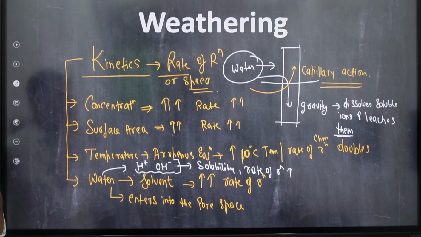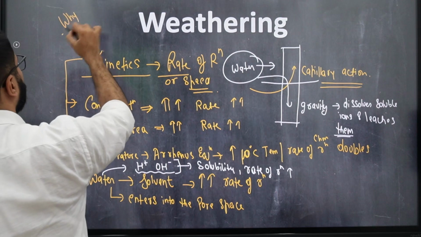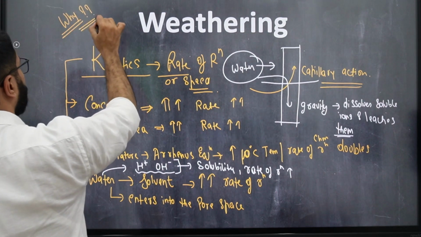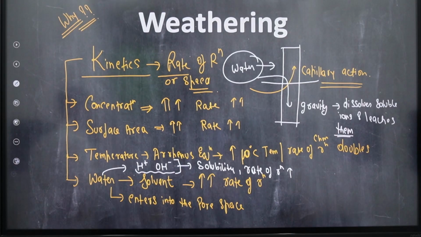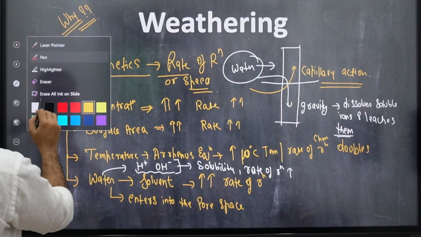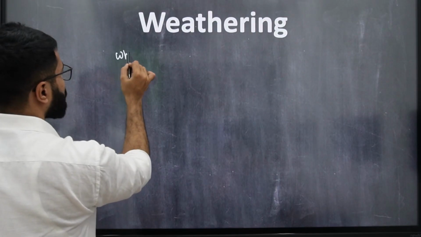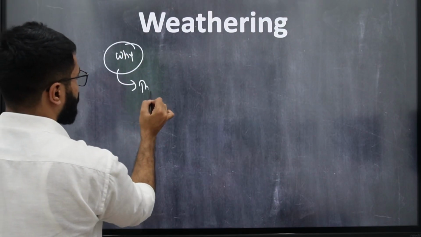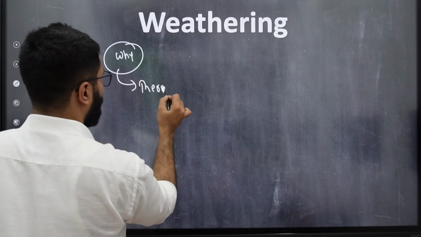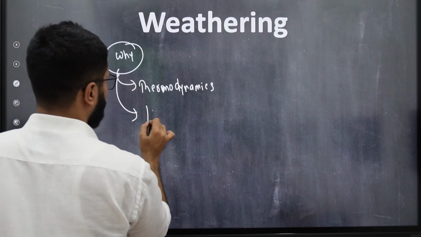All right. So we have seen why weathering occurs. I have simultaneously given you the answer in two parts. Why does weathering take place? Because of thermodynamics and kinetics.